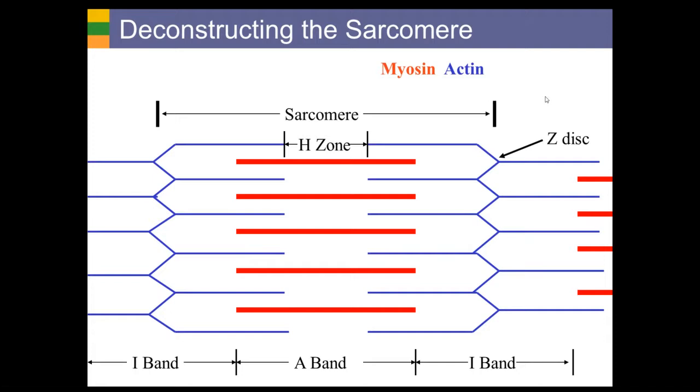In terms of what you have to know, you do have to know what an I band is and what an A band is. This other information I'm sharing with you, this exercise, is simply so that you understand the anatomy of a sarcomere, so that you can understand the physiology of contraction, how a sarcomere contracts.